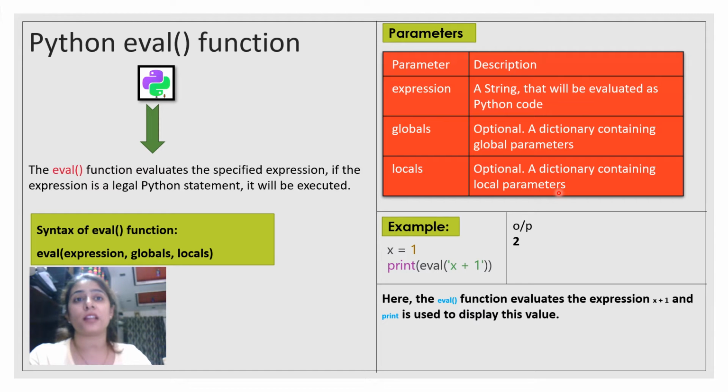So let's understand with the help of an example here. I am assigning a value to x. X is equal to 1. After that I am saying print eval x plus 1. Now what will happen here? The eval function evaluates the expression first, and then print is used to display this value.